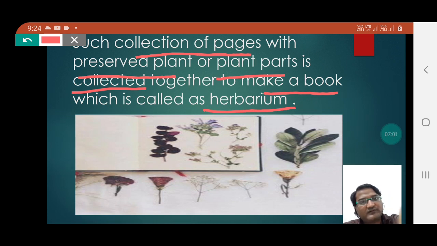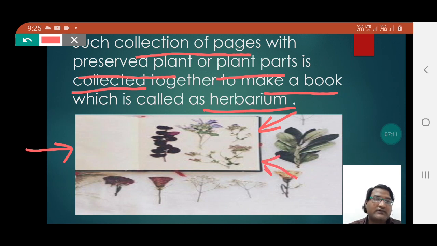Students, in this picture you can notice that it is actually a book which has huge number of pages. If you will notice here, it will be visible that there are huge number of pages, and on each and every page various plant parts is being preserved.